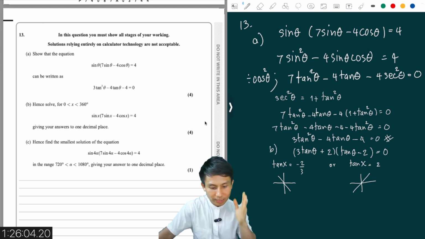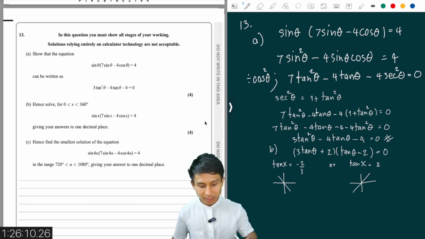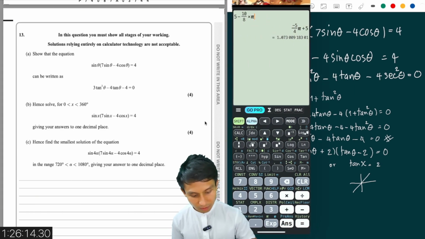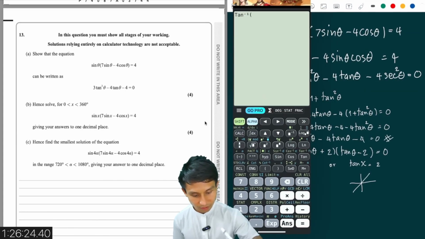Okay, so we need to solve for this, right? And minus 2 over 3. So we need a calculator. I'm just gonna find the principal angle first. So by that I mean it's in degrees. All right. I'm just gonna do 2 over 3 first, not minus 2 over 3.